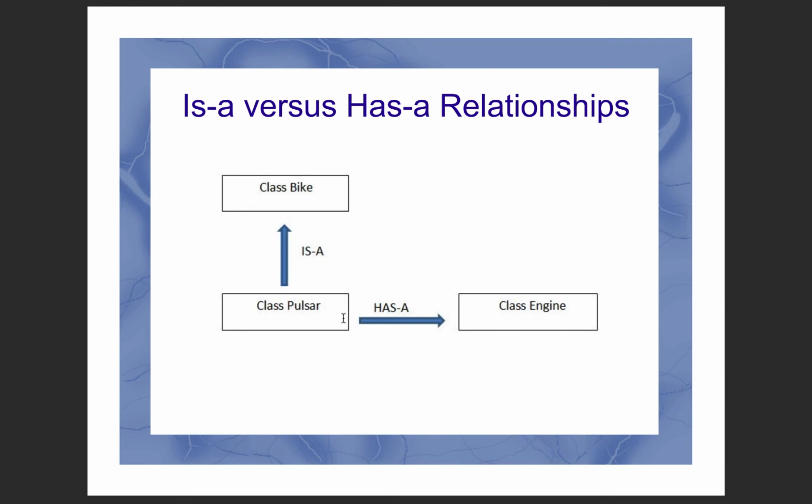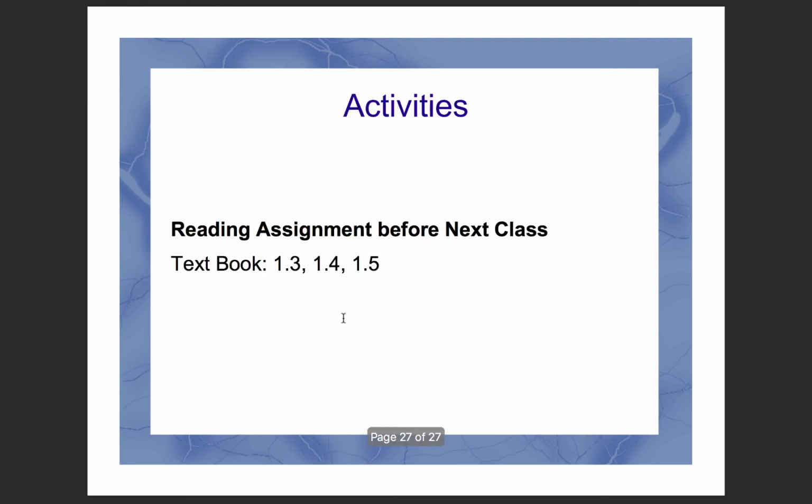When you have another class called engine, you can create an object of the engine class in the Pulsar. In that case, you can say that Pulsar has an engine. You cannot say that Pulsar is an engine. So that creates a has-a relationship.